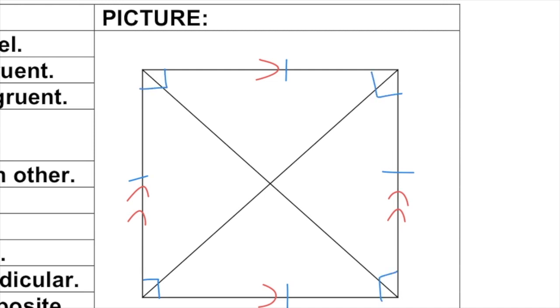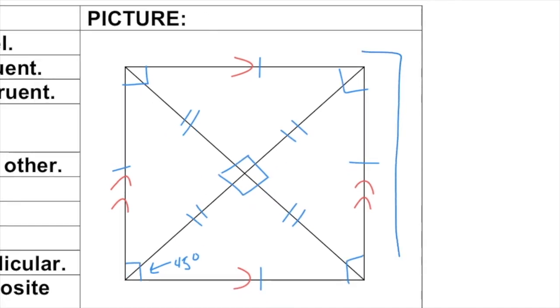So we know that, but we also know that each of these is 45 because the diagonals bisect the angles. I know that all the center angles are going to be perpendicular. And the diagonals bisect each other, but the diagonal lengths are also equal, so all of the diagonals are the same. And then, of course, the sum of consecutive angles is 180 degrees.